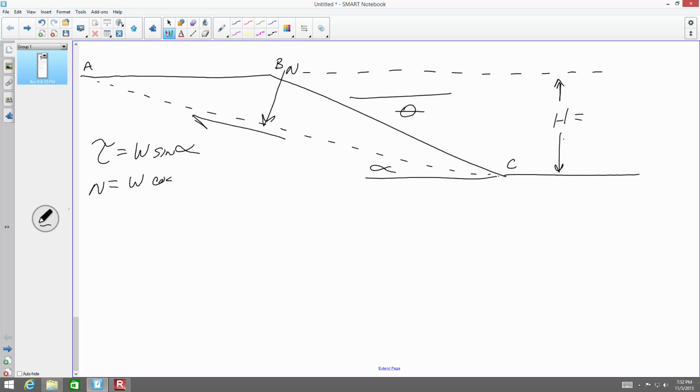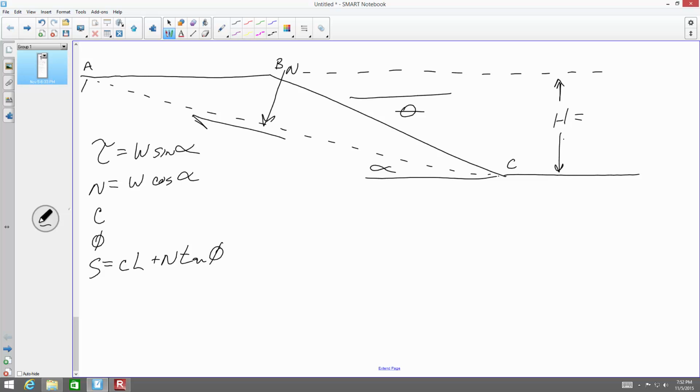is W cosine alpha. If the soil has shear strength parameters of C and phi, the maximum shear force S that can be developed along that shear surface is S equals C L plus N tan phi.